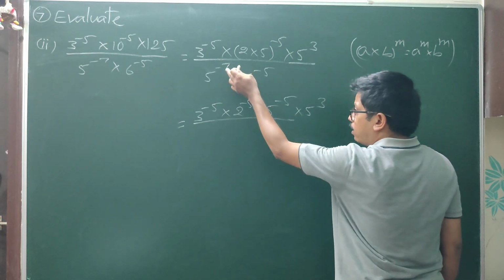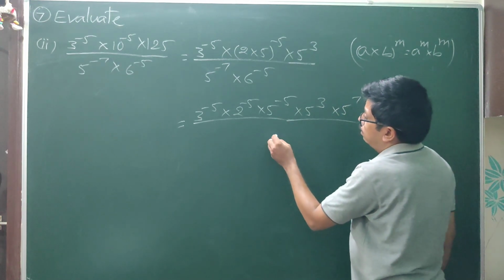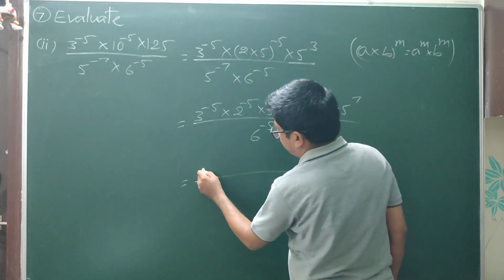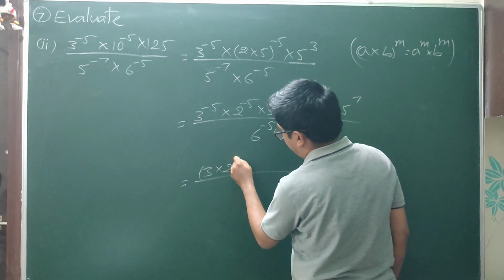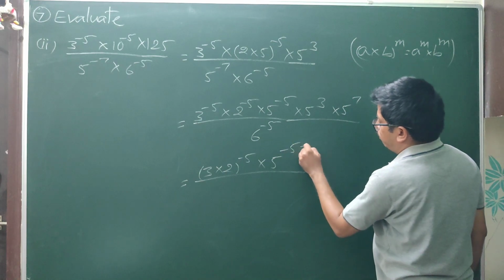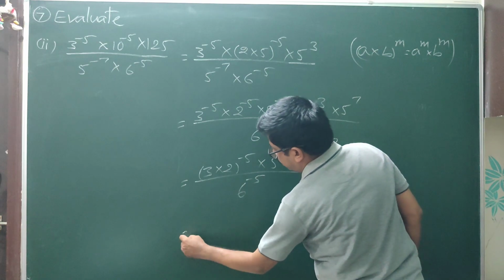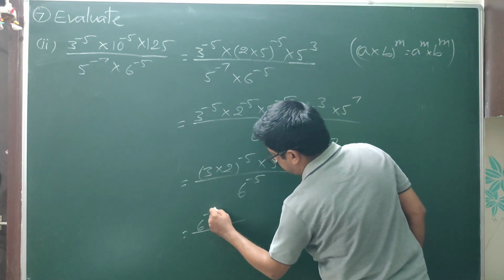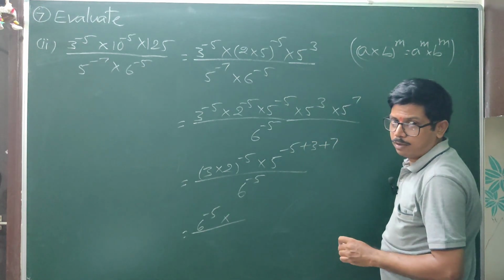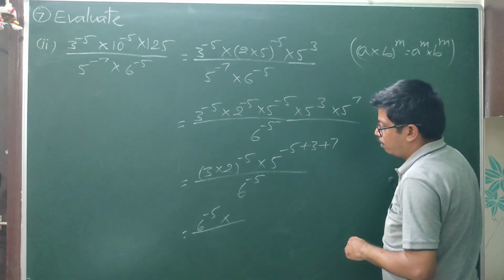This 5^(-7), if you send into the numerator, it becomes 5^7 by 6^(-5). This is equal to, again, (3 into 2)^(-5) into 5^(-5+3+7) by 6^(-5). Where 3 into 2 is 6, the 6 powers cancel, and -5 plus 3 minus 2 plus 7 gives 5.